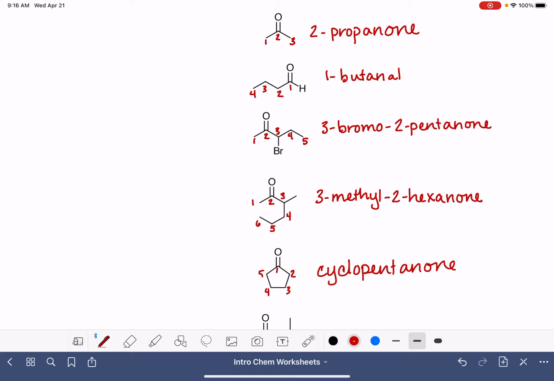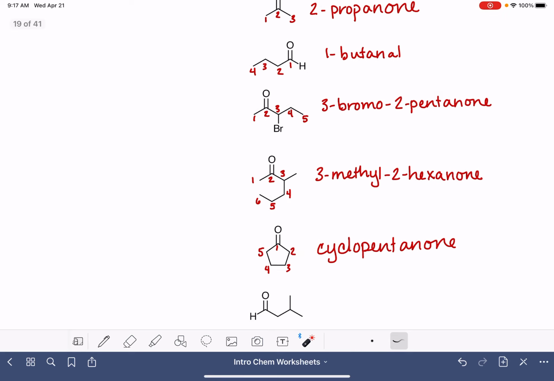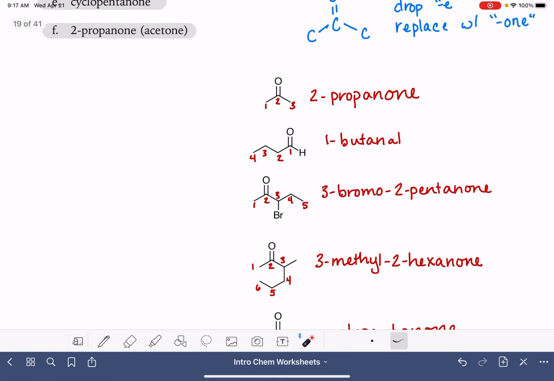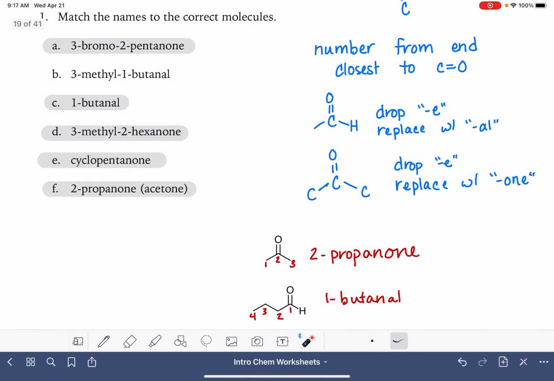We're going to put carbon number 1 in the best position, the carbon that holds the carbon-oxygen double bond. When there is exactly one feature on a cyclic molecule, then you do not say the location. You do not say 1. So in this case, we're not going to say 1-cyclopentanone. We're just saying cyclopentanone.